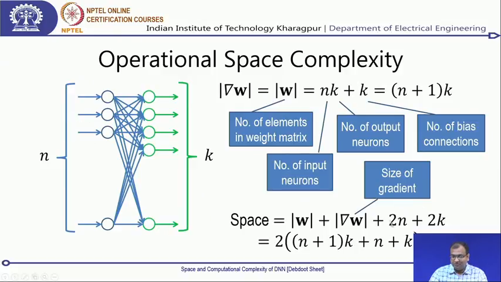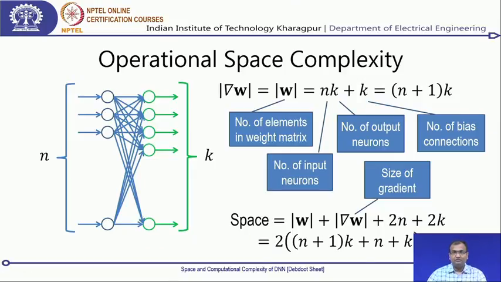So, that is 2n amount of space which it would take, and there are these k outputs which go down over here, and then you have non-linearity or your backprop activation going down over there. So, your backward calculation over there is going to take down 2k amount of space. So, this together sums up as twice of n plus 1 times k plus n plus k, which is what you have as your total operational space complexity required for this operation.